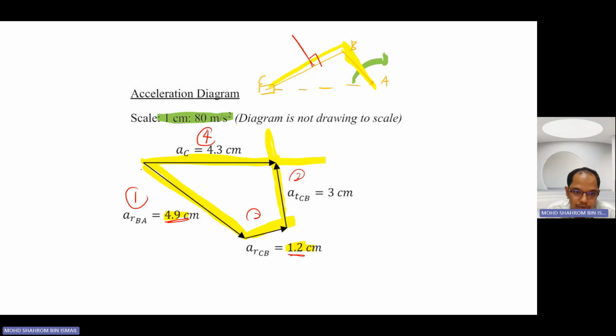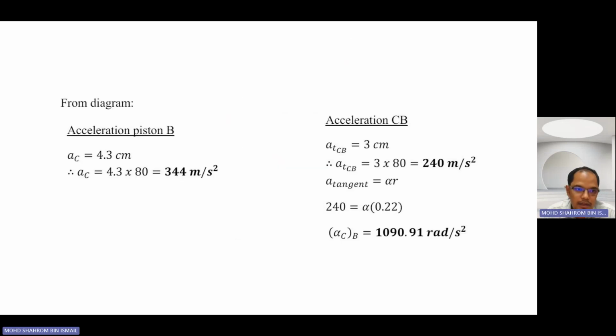More or less, you're going to use your protractor or ruler or whatever you can. You're going to measure this line, and this line. Once you measure the line, you get about 4.3 centimeter for AC.